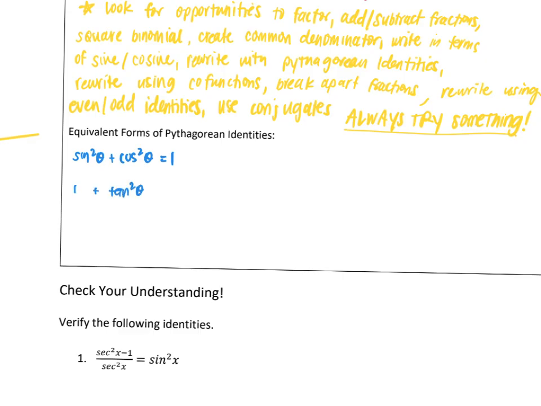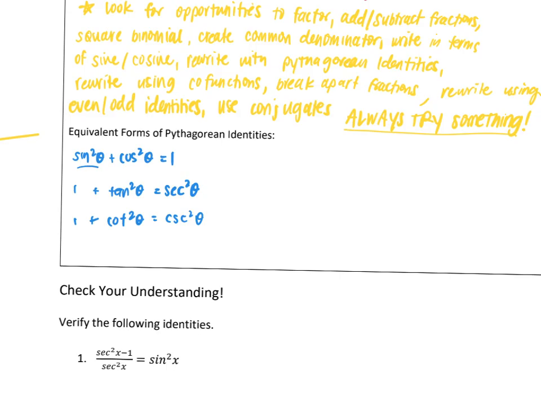And again, you have to memorize these. I usually just memorize the first one. And then to get our equivalent forms, I'm going to isolate sine here.